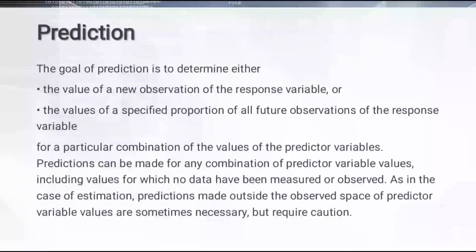For a particular combination of the values of the predictor variables, predictions can be made for any combination of predictor variable values, including values for which no data have been measured or observed. As in the case of estimation, predictions made outside the observed space of predictor variable values are sometimes necessary but require caution also.